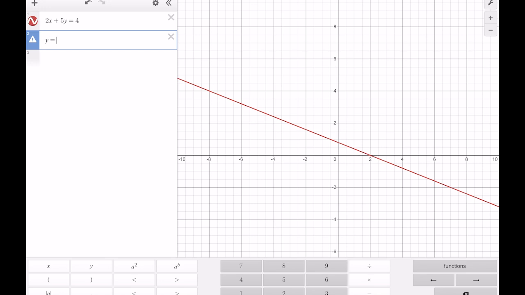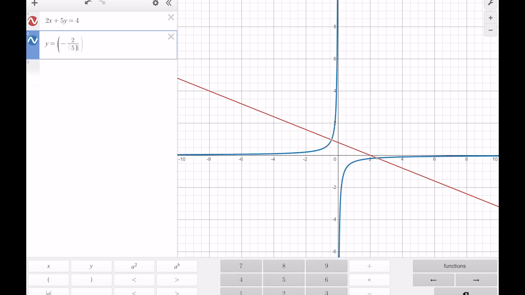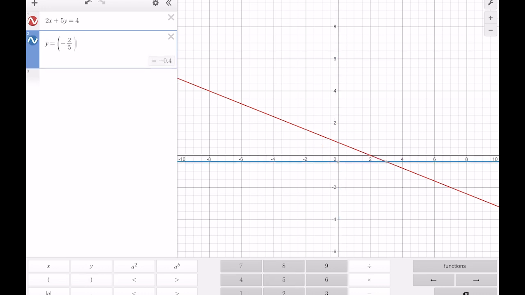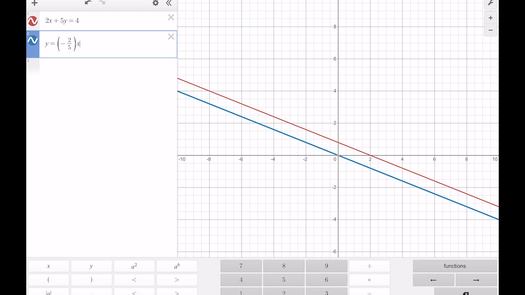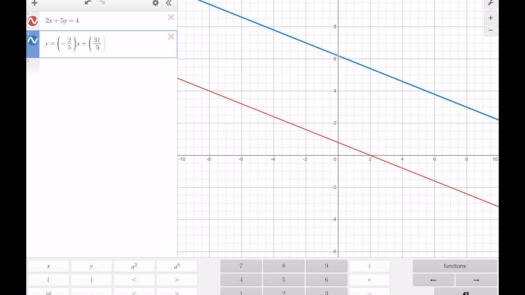So here, my new equation was -2/5 x, and then it was plus 31/5. So as you can see here, the blue line is parallel to the red line, and it also should pass through that point 3, 5, and as you can see, it does.